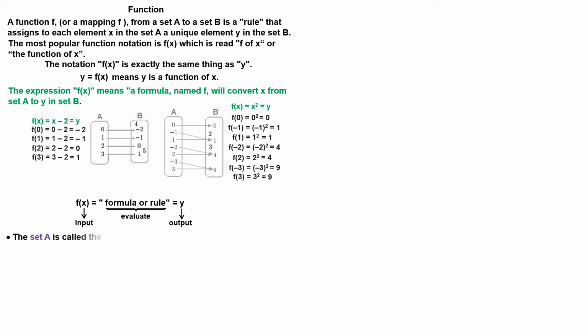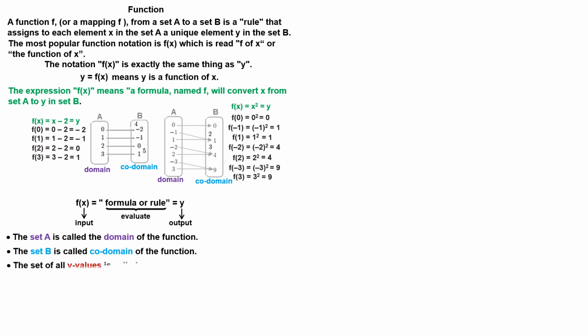The set A is called the domain of the function. The set B is called the codomain of the function. The set of all y values is called the range or image of the function.